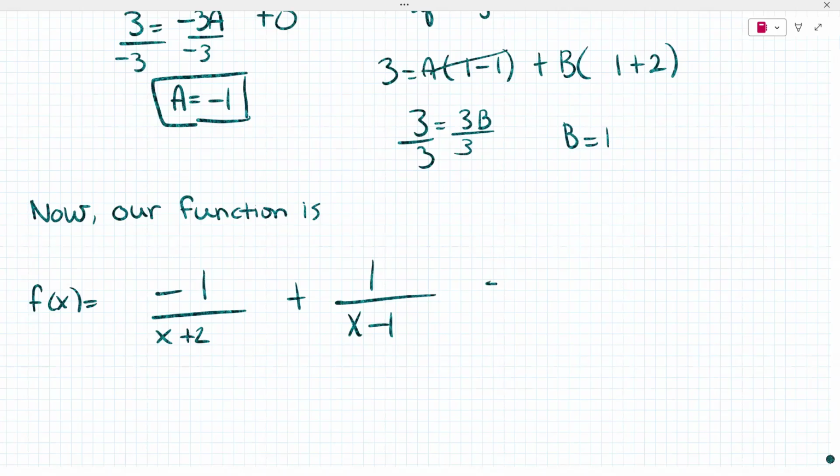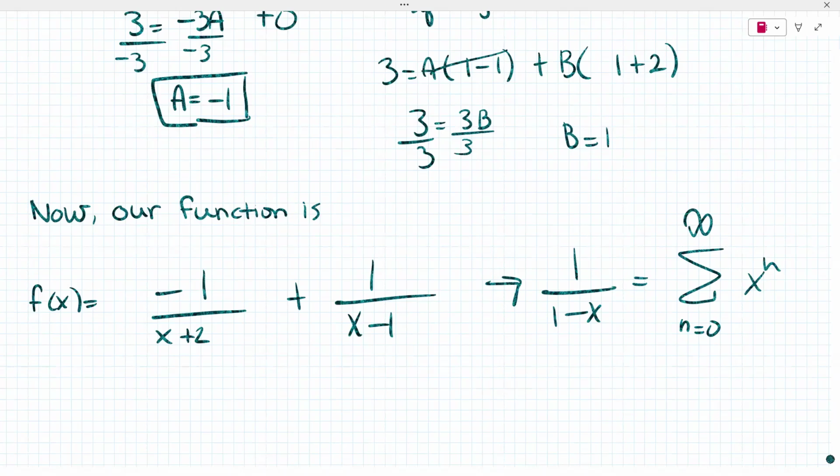And then if we use our rule, now what can we do? What we have is two things. Somehow for each of these we have to make it into the form 1 over 1 minus x.